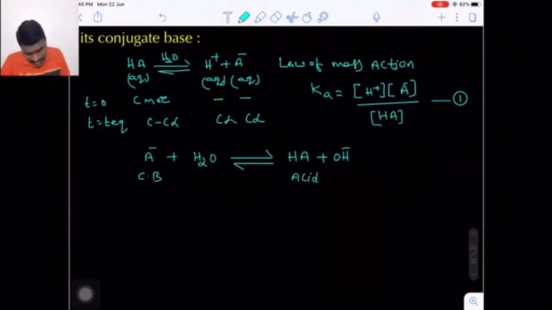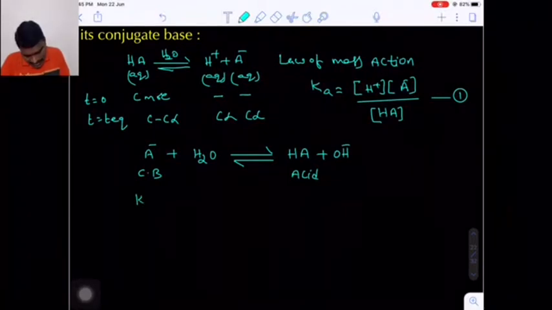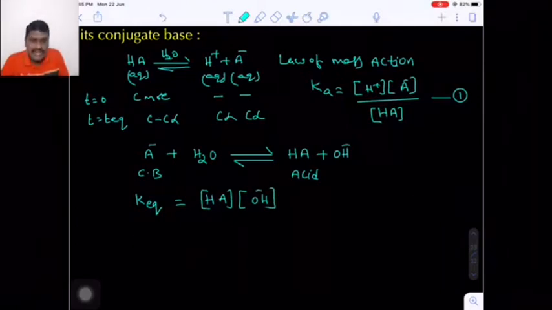Now here in this, what is the equilibrium constant? Product of the concentration of the products, that is HA concentration and OH minus concentration, whole divided by concentration of the reactant, that is A minus and H2O. Do you know water concentration is almost constant?